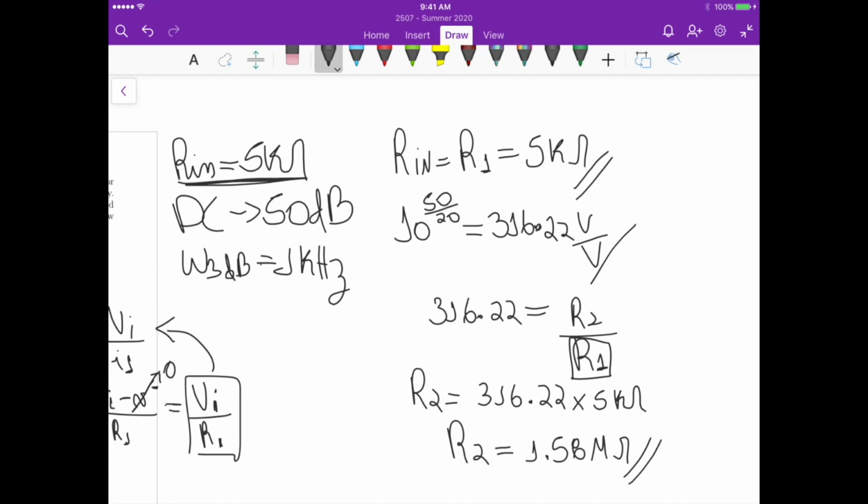So that's the second component, right? But we still have to define the capacitance. How do we define the capacitance? It's basically from the 3 dB frequency specification. We want the 3 dB frequency to be exactly 1 kilohertz. This one here I wrote like 1 kilohertz, but that's actually not omega, it's the frequency, so for omega we need to multiply by 2 pi.